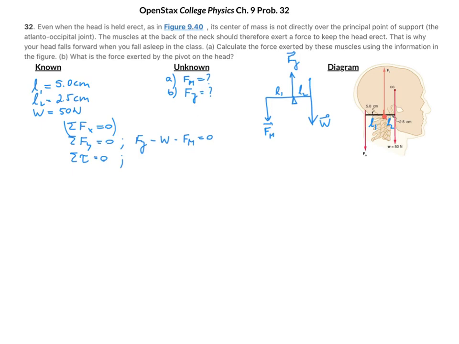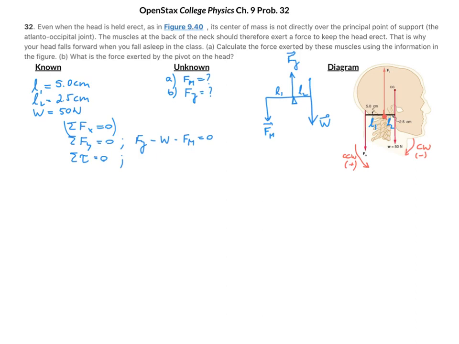So I will have to figure out directions for my torques. If the only force that were acting were F sub m, then it would give the head counterclockwise rotation, so that's counterclockwise, which by convention is a positive torque. If the only force that were acting were the weight, the head would droop forward in a clockwise rotation, so that would be a negative torque.